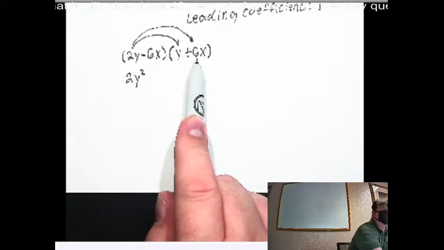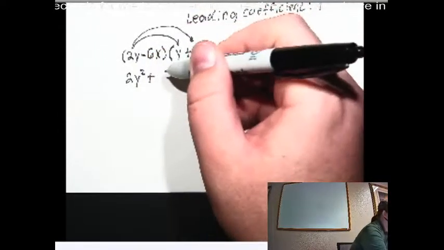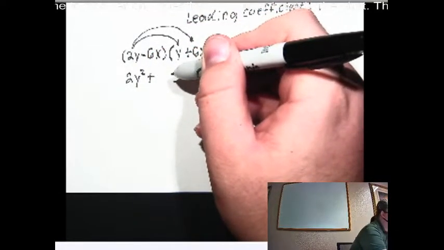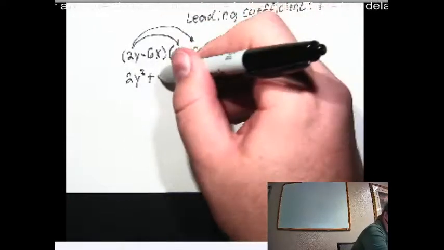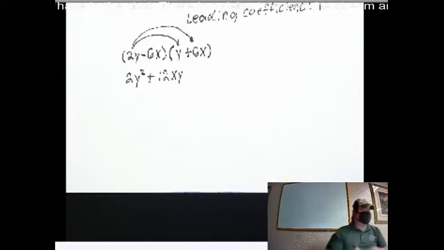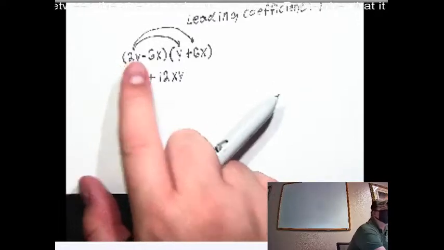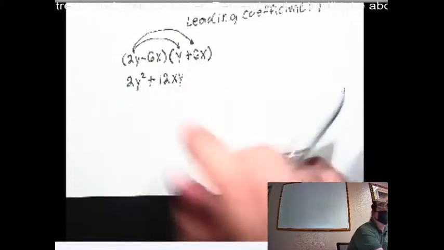So what do we get? 12yx, or xy. Let's put it in alphabetical order, since that's typically what we do. But good. Okay? So we've distributed the 2y. Nothing else to do with the 2y.